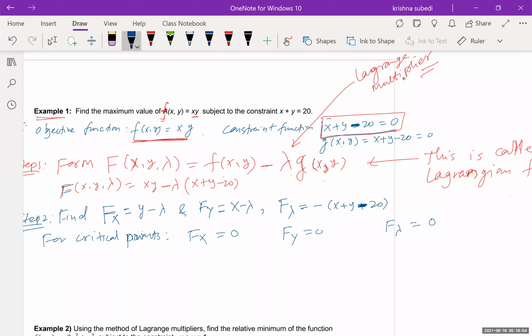So we got one equation here, which is y minus lambda equal to 0. This one is x minus lambda equal to 0. This one is x plus y minus 20 equal to 0.